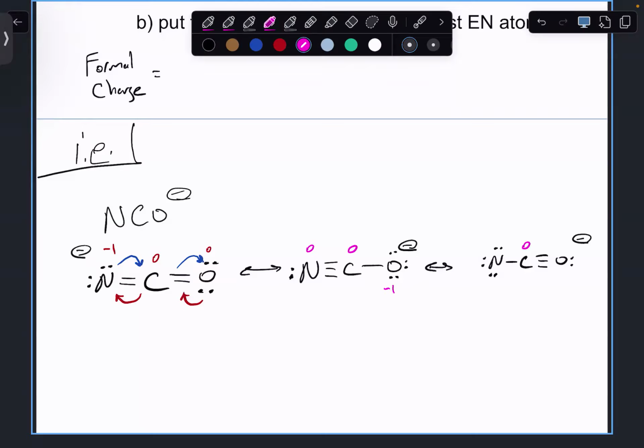The other two are not normal. So I'm going to have to go through and do formal charge calculations for these two. So the oxygen formal charge. Oxygen has 6 valence electrons minus the lone pair, we got 2 lone pair electrons, minus half of the bonding electrons. 2, 4, 6. Plus 1.